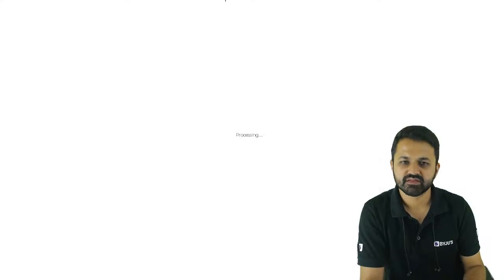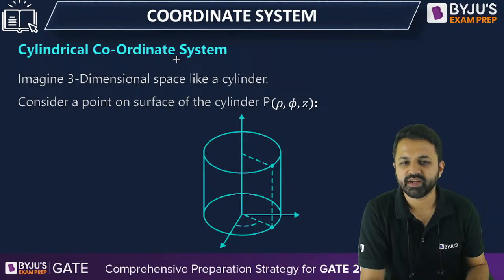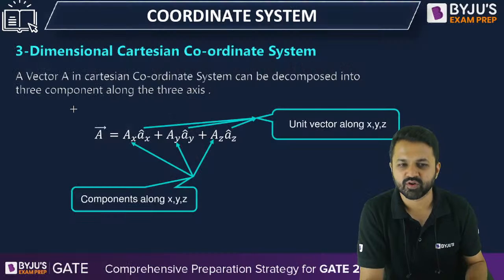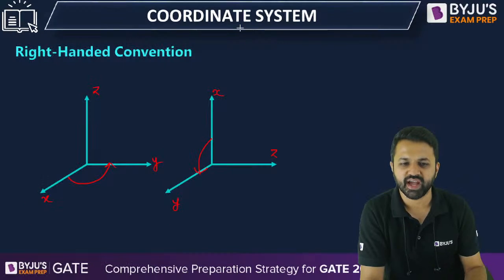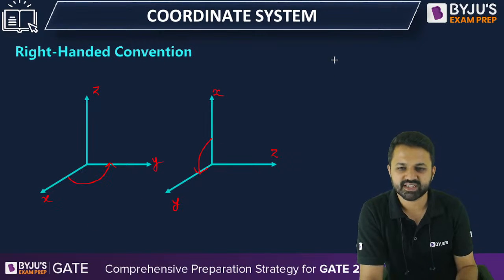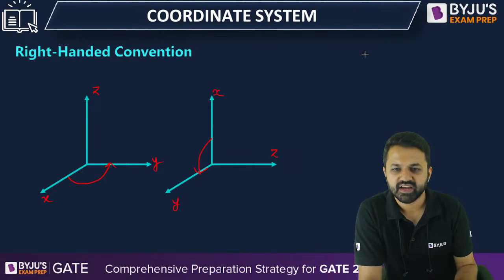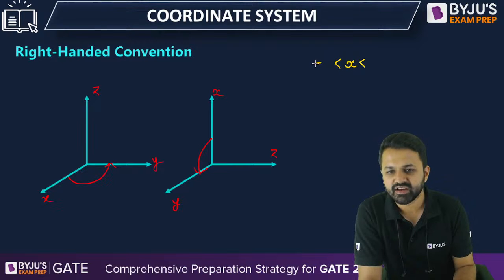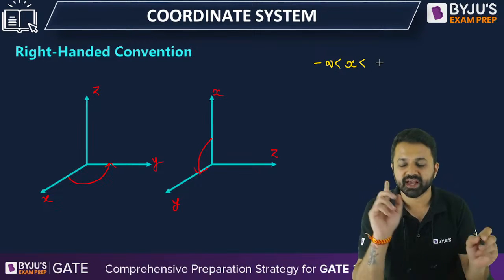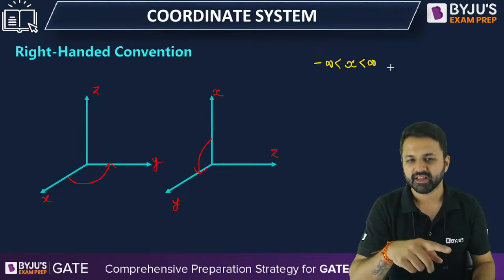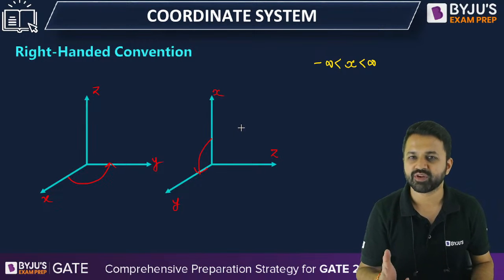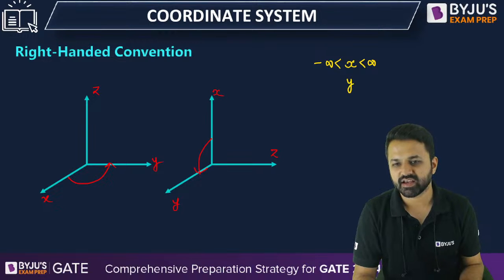Okay. Now coming to the cylindrical coordinate system, but before that, what is the range of x, y, and z in the Cartesian coordinate system to cover the entire space, in the form of the shape I told you, that is the cuboid?